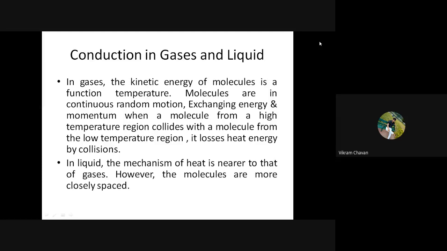In gases, the kinetic energy of molecules is a function of temperature.